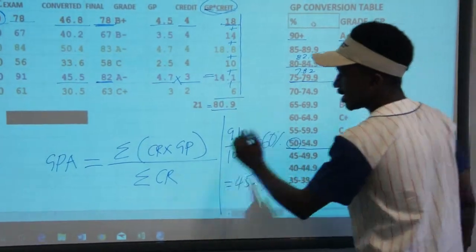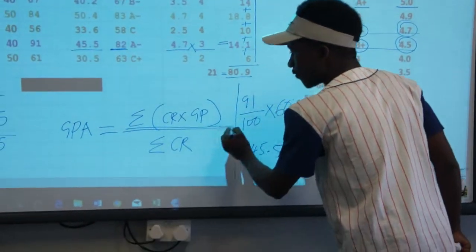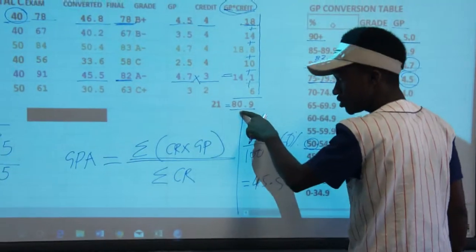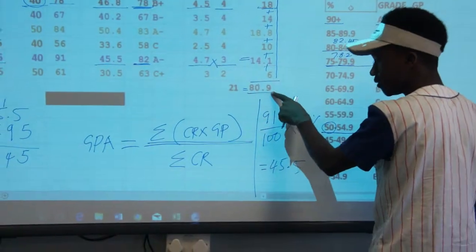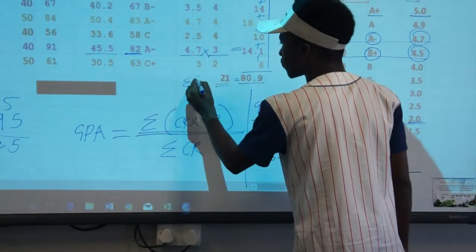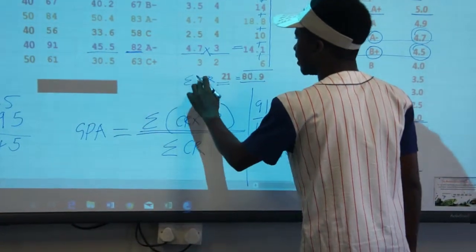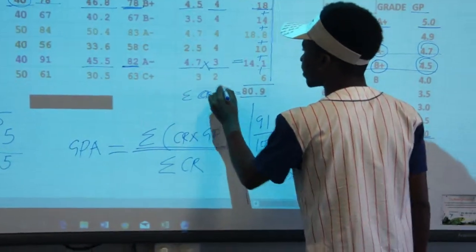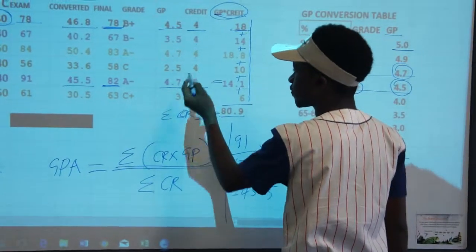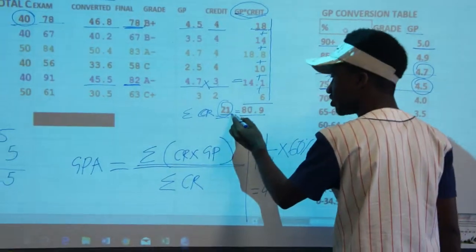Then from 80.9, this is the summation of credit times grade point. And from that, you have the summation of credit given here. Because you sum 4 plus 4 plus 4 plus 4 plus 3 plus 2, it gave you 21.